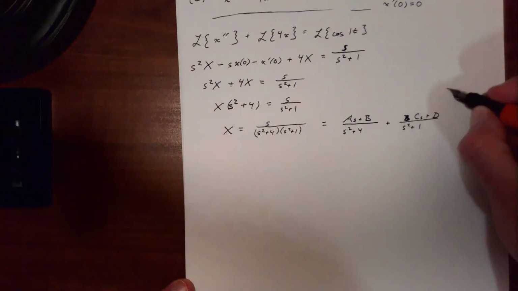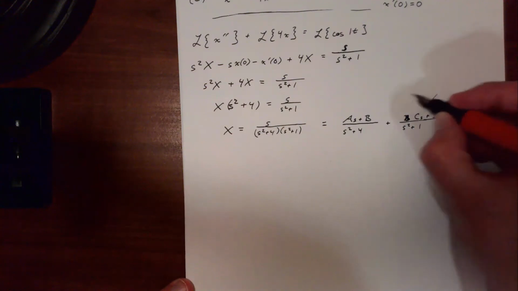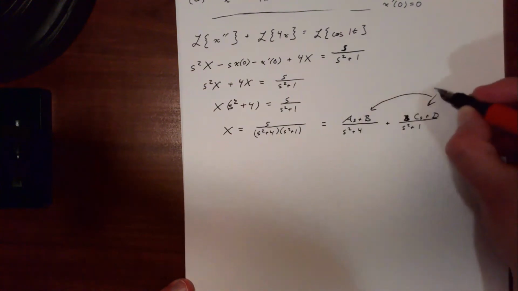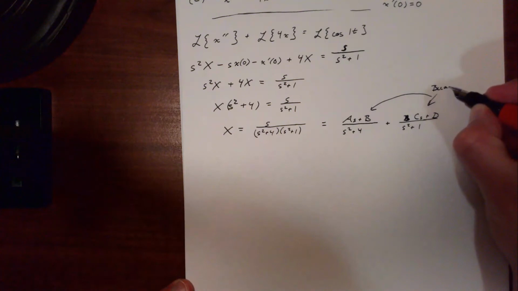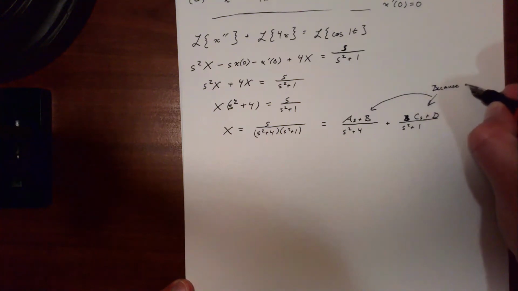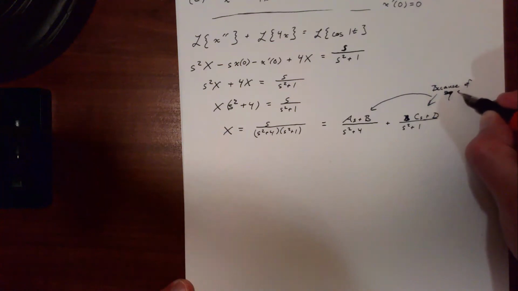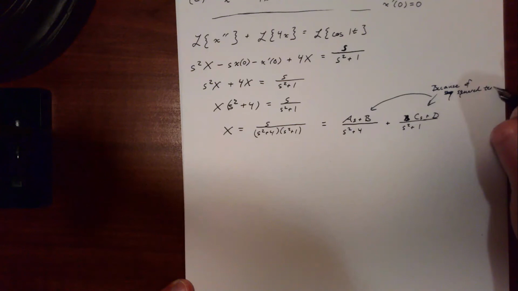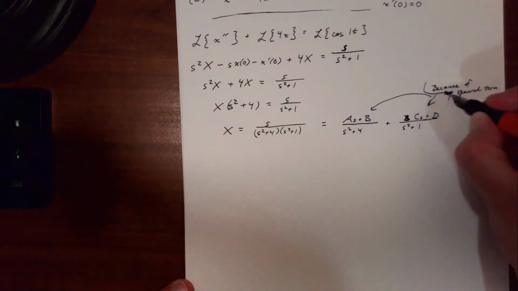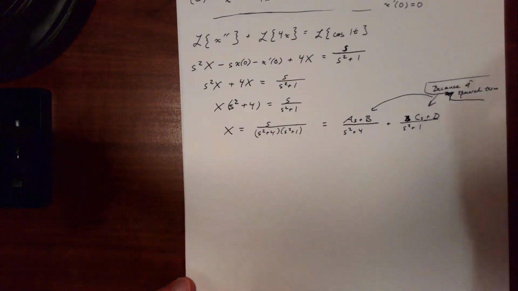And it's because of the square in the bottom. So this is one of the extra little exceptions for partial fractions that you may recall.